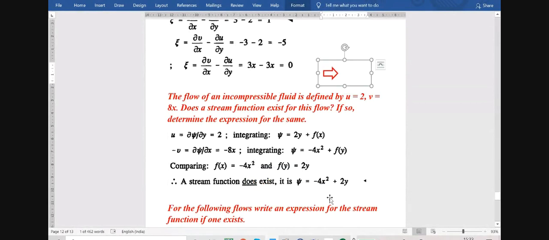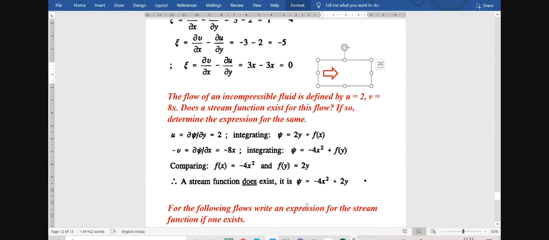Now all of you write down ψ is equal to minus 4x square plus 2y, and also write below that ψ is equal to minus 4x square plus 2y plus constant, and differentiate it with respect to x and with respect to y, and see whether you are getting the velocities u and v or not, because the derivative of a constant term will be 0, so there will not be any change.